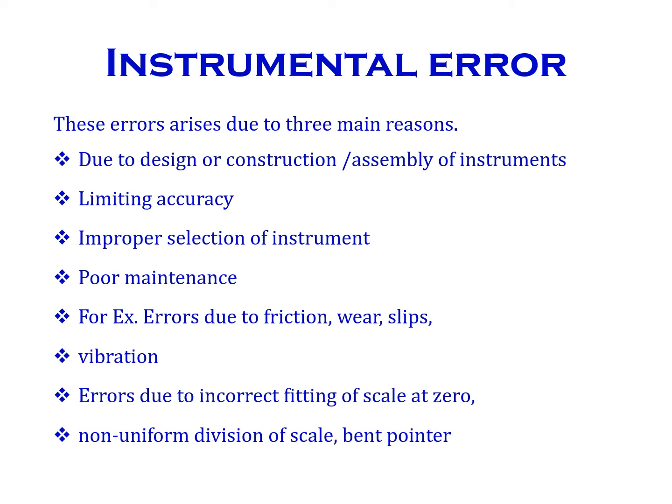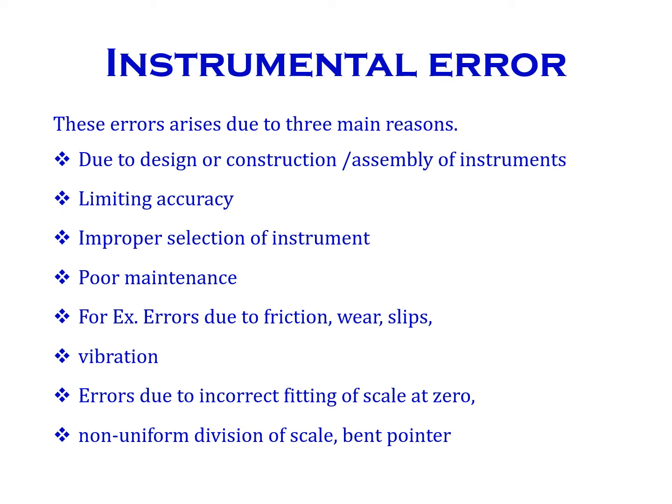The instrumental error may be due to design or construction. The accuracy is limited. Improper selection of instrument: for measuring 0.5 mm, if you choose a micrometer of 1 to 50 mm range, it will not give a correct reading. It is not easy either. So we have to choose 0 to 3 mm. That range should be within the limit.